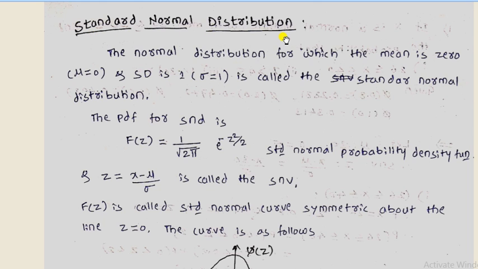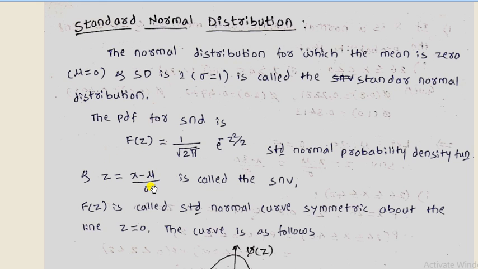Standard normal distribution. The normal distribution in which the value of mu equals 0 and standard deviation sigma is equal to 1 is called standard normal distribution. In standard normal distribution, we take z equal to x minus mu divided by sigma.